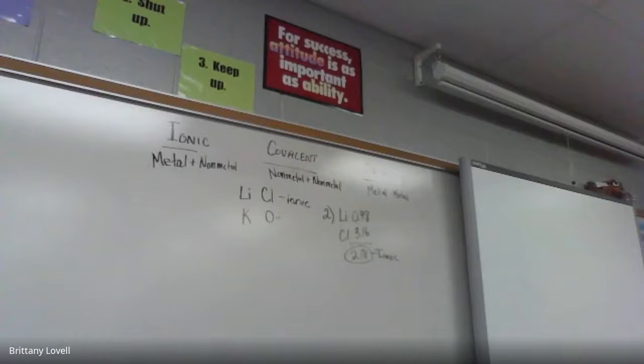Al is right here, Al and O. That's a metal and a non-metal. And then O, it's just an O bonding with an O, so a non-metal with a non-metal.